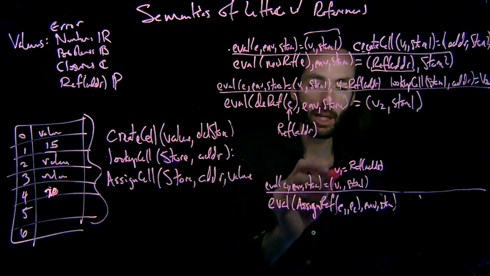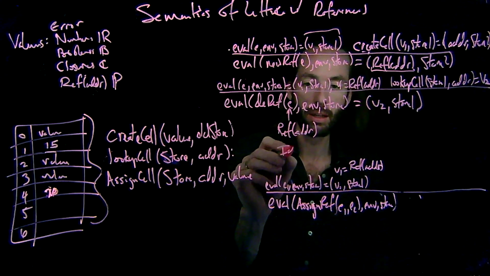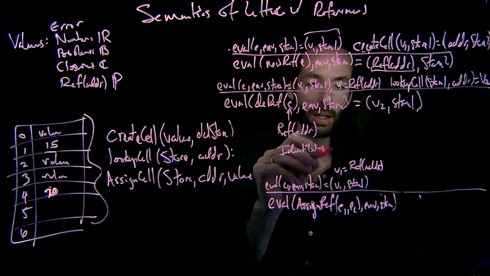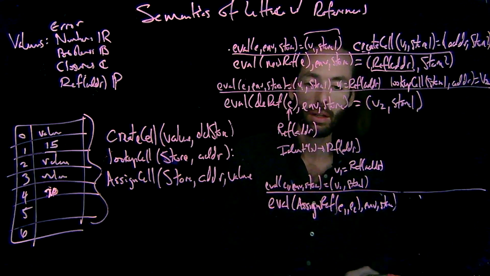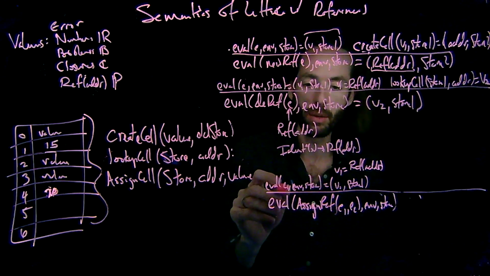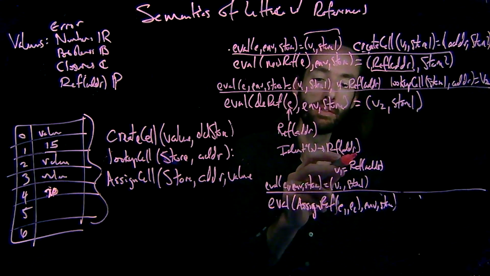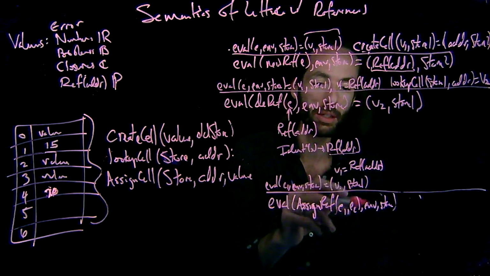This will happen if we have in our environment something like ident x pointing to ref of address. Because then, when we evaluate this, we see the rule for eval ident, and that just looks up whether there is a value of x in my environment, and it should point to a reference type, and that reference type will be what we return.